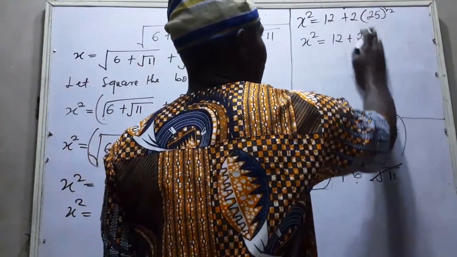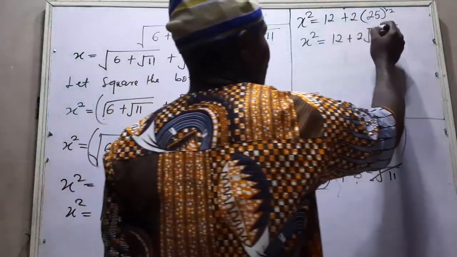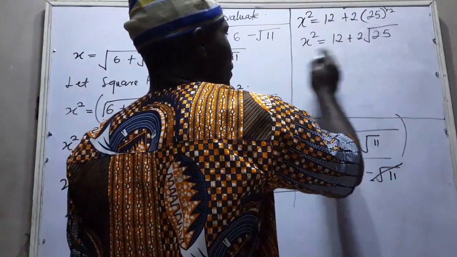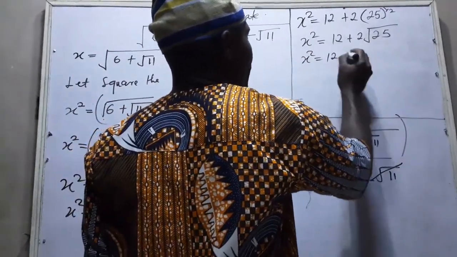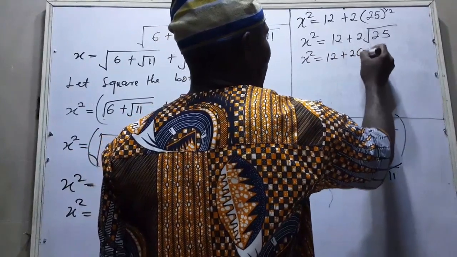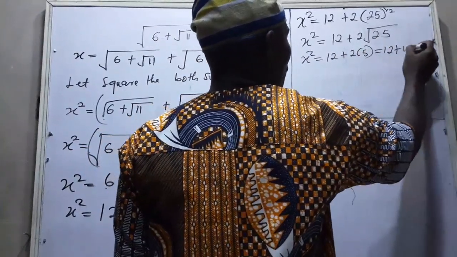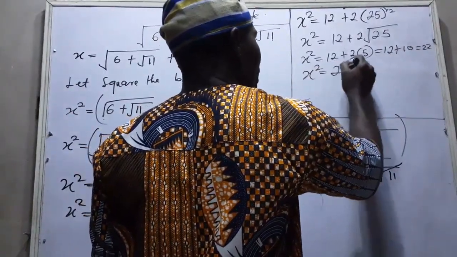So let's rewrite it better, because we have to find the positive value of x. We now have x squared is equal to 12 plus 2 onto 5, which is equal to 12 plus 10, which is equal to 22. So x squared is equal to 22.